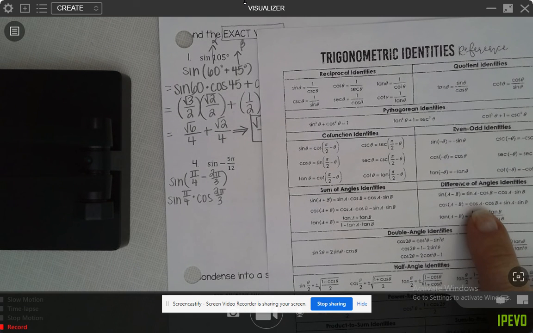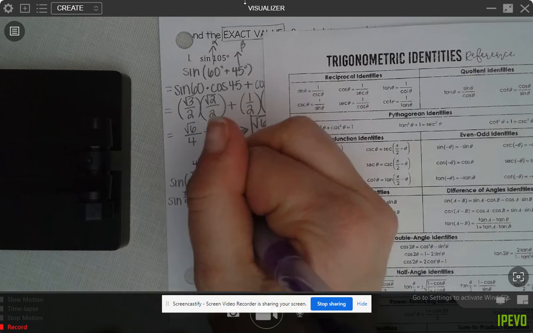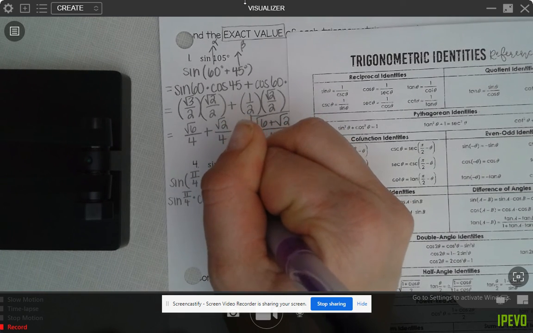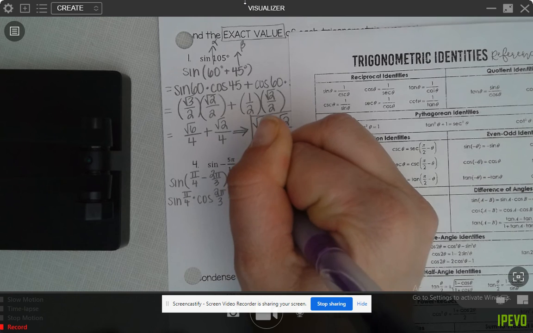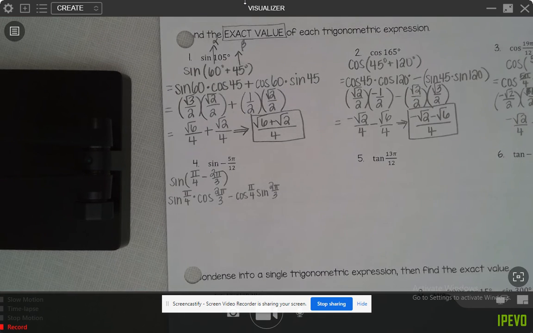Nope. You're taking care of the negative right here, Tyler. Keep all your angles positive. Minus the cosine of alpha, so pi over 4, times the sine of beta, 2 pi over 3. Does that make sense, kiddos?